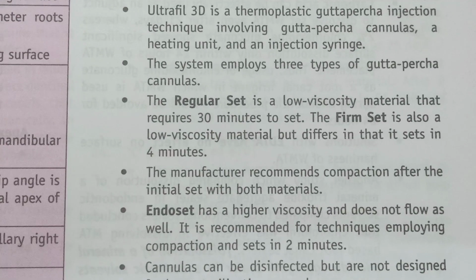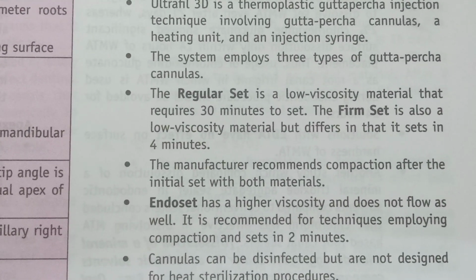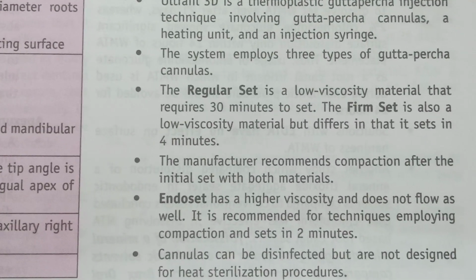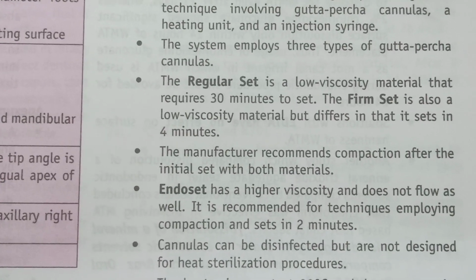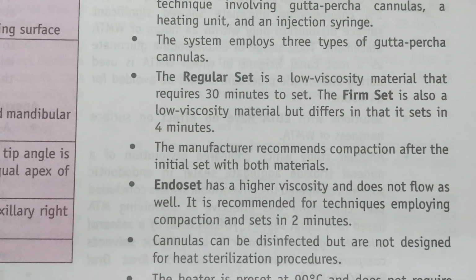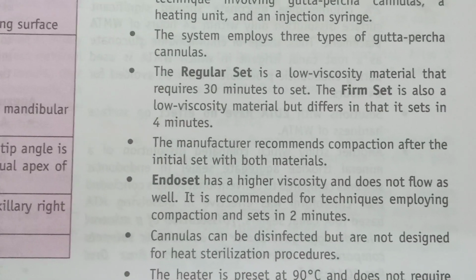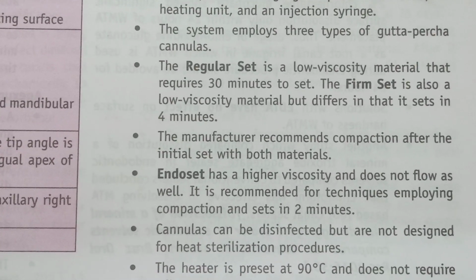The firm set is also a low viscosity material but differs in that it sets in 4 minutes. The manufacturer recommends compaction after the initial set with both materials. Endoset has a higher viscosity and does not flow as well. It is recommended for techniques employing compaction and sets in 2 minutes.